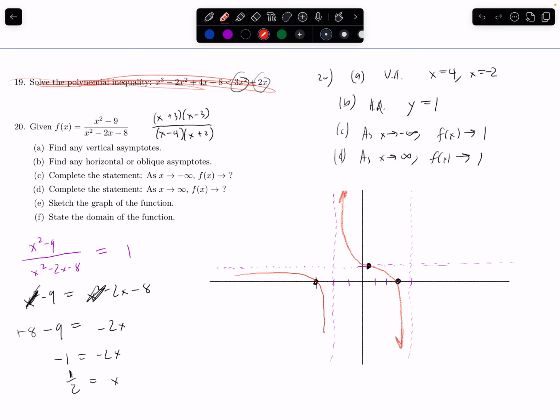So I have negative 8 up top, negative 9 down below. Actually, let me do it instead of talking through it. I'm going to check negative 1.